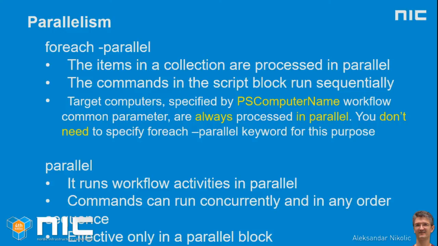You don't need to use ForEach -Parallel and then a computer in the PS computer name variable. That's not needed. Every time you work with PS computer name, everything runs in parallel by default. Use ForEach -Parallel, for example, if you need to run against multiple disks, then use disk to run in parallel against them, but not computers. Computers are in parallel by default. Don't waste your time on that. Your code will be simpler.